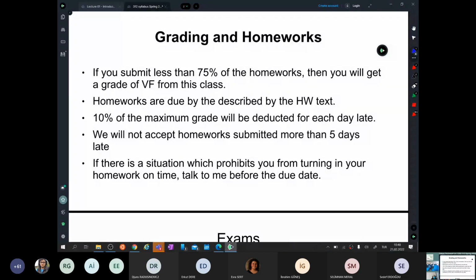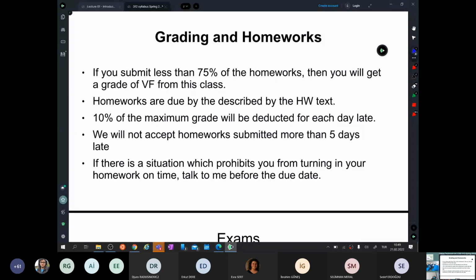So VF is worse than FF. FF means that it is a failed. VF means that that person did not complete the course requirements. So if you get a VF, you are considered as not taken this course at all. So VF is something bad. Don't try to get a grade like this from any course.